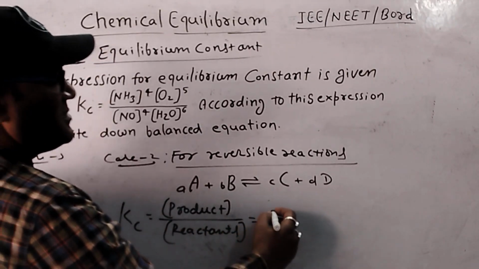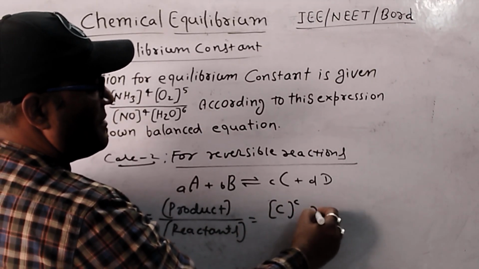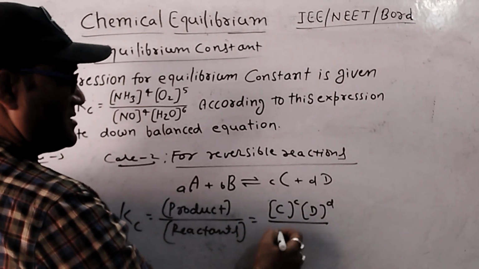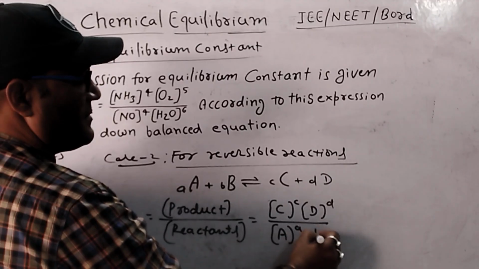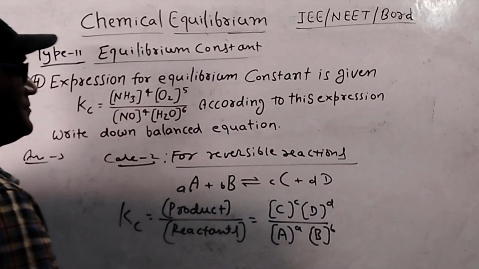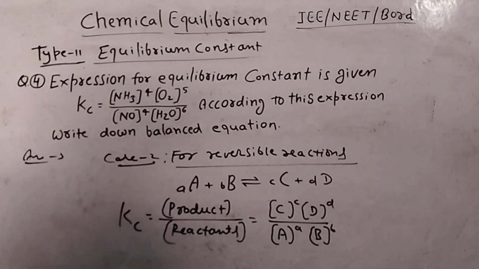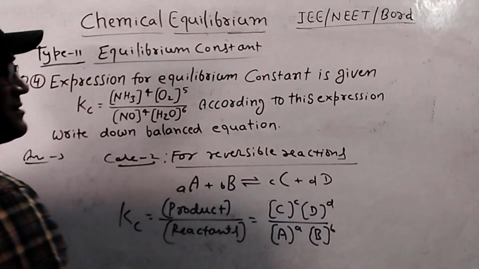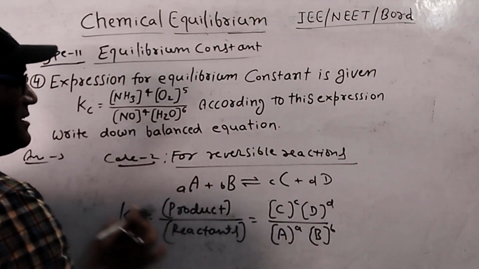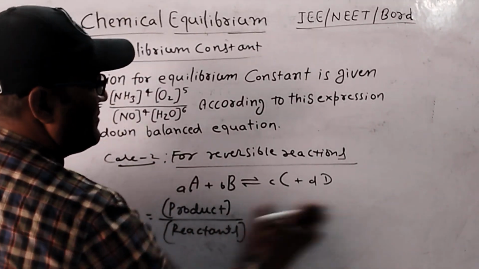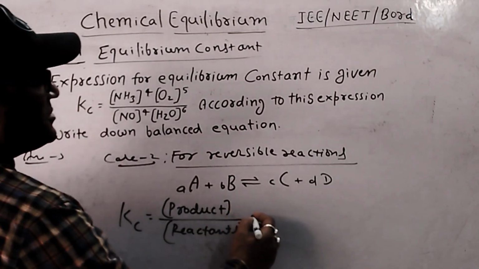Here the stoichiometric coefficient is used in terms of power of concentration. So the value of Kc we can write in this way according to the given reversible reaction. Now according to this question, we can find Kc. With the help of the value of these terms we can write the equation, or with the help of the equation we can find Kc. So according to the question, the Kc value is given. Now we can solve with the help of this formula.